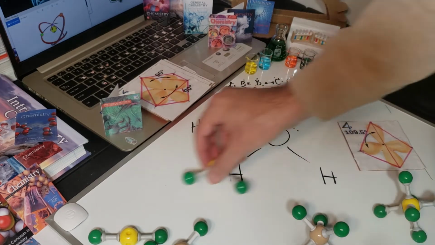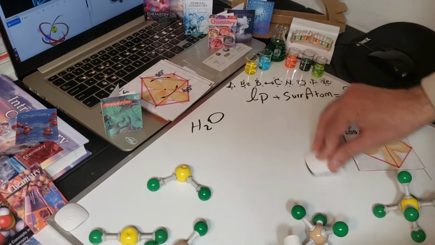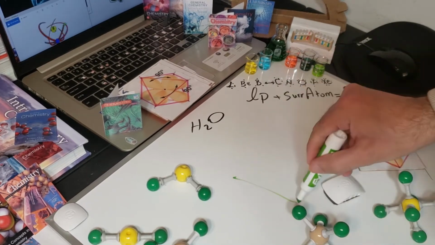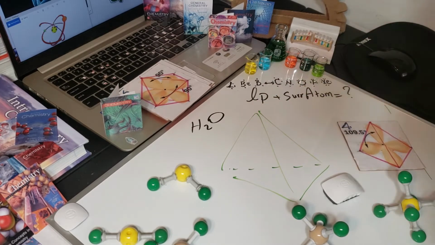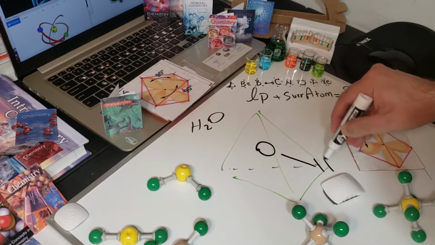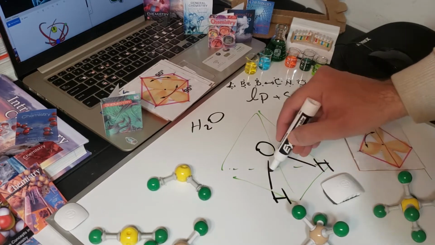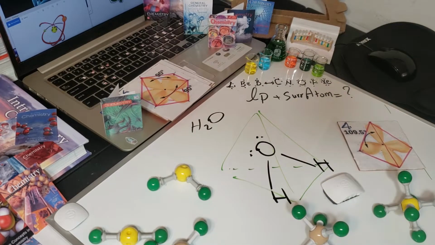Okay, I could also go on and try to draw. You don't need to do the framework as I'm doing here. I always do this because I'm going to show you the exact way how you do this, but you don't need to do that. So H2O is a bent geometry.